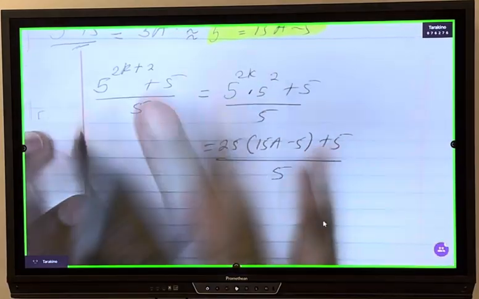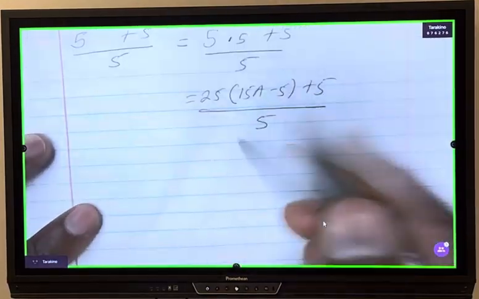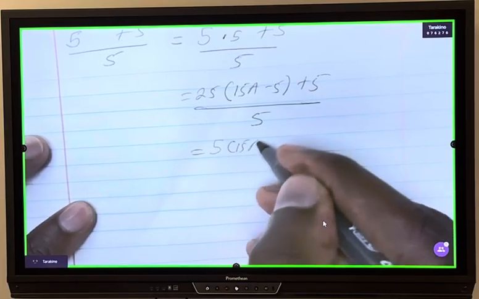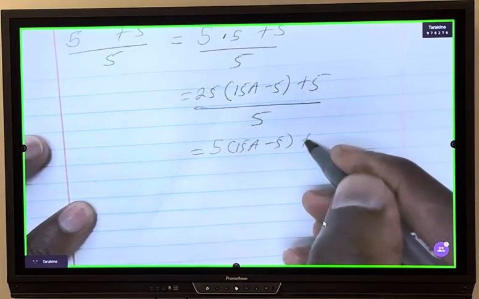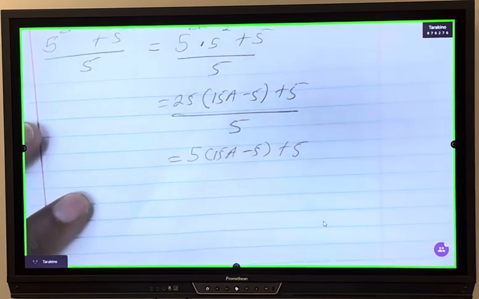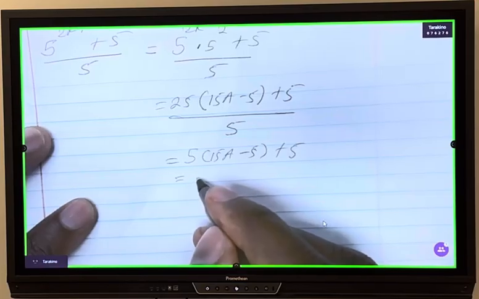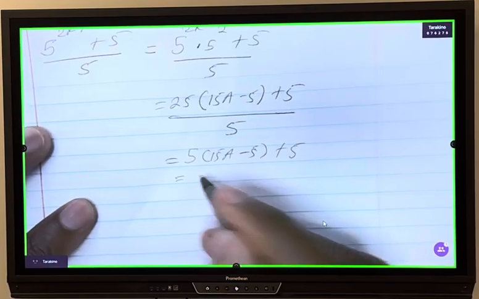So in this case, you can divide by 5. So if we divide, we are going to get 5 bracket 15a minus 5 plus 1.